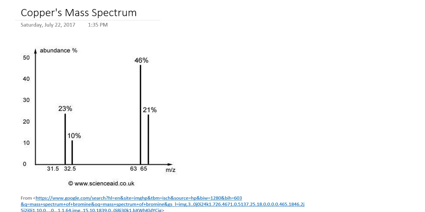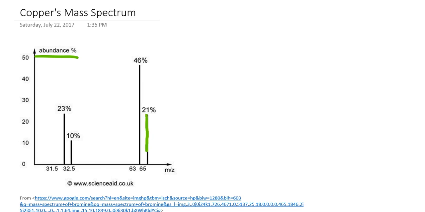Now, if you notice, this spectrum is a little different than the one that came prior for a couple of reasons. First off, the y-axis is now not given in percent relative intensity. It's actually given in percent abundance. So this is going to give us abundance data for the isotopes of copper. Now, we have one peak at 65, one peak at 63.